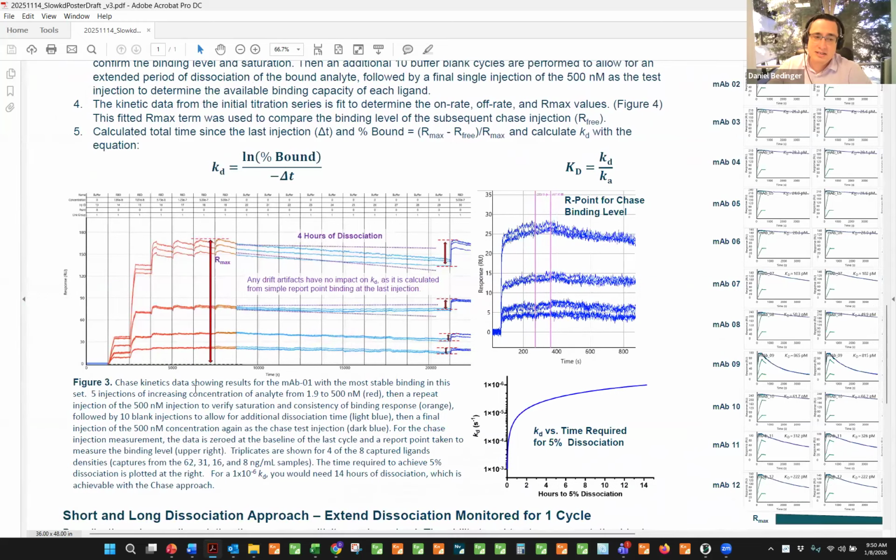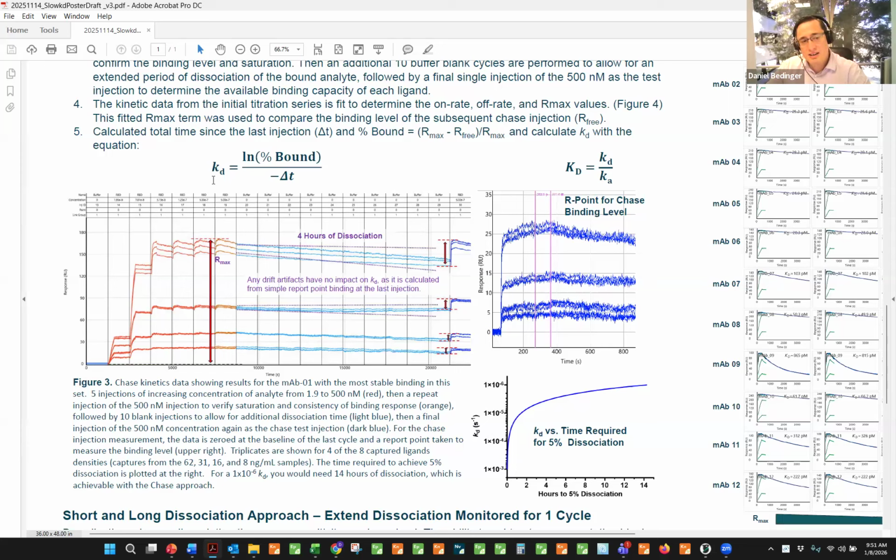If we then consider this chase experiment, from these first 5 injections, we've already determined our Rmax and our on rate, and now we have these long dissociation time periods where we're just doing buffer blanks. We can take this report point value, using zeroing the data of this chase injection at the end, and calculate a percent bound based on the Rmax that we had from the kinetic fit earlier.